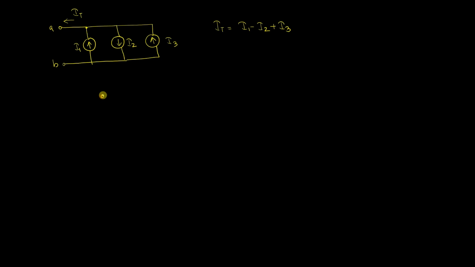Similarly, if I consider another circuit with voltages in series and I am asked to compute say voltage between the terminals. So here VAB will be equal to, you have to be very careful with the polarity, it is going to be equal to V1 plus V2 minus V3, since the polarity of V3 is negative.